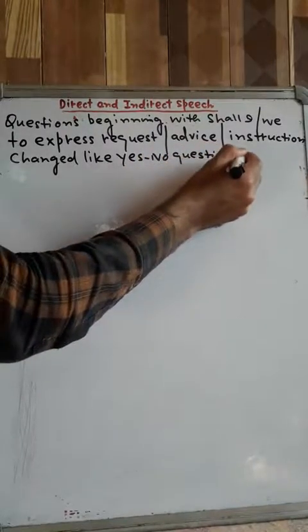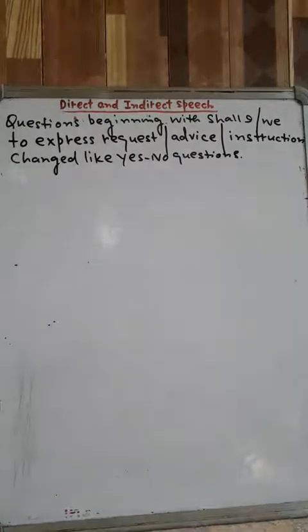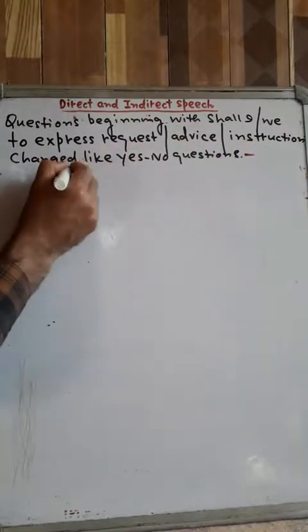That means the questions beginning with helping verbs and modals are yes-no questions, and the questions which begin with shall I or shall we, to express request, advice or instruction, change like yes-no questions. But here you have to remember shall becomes should.